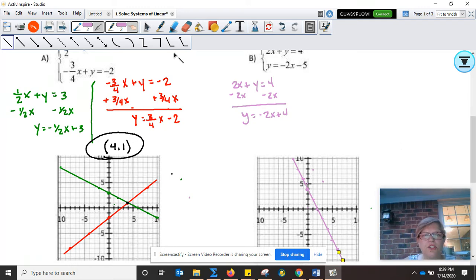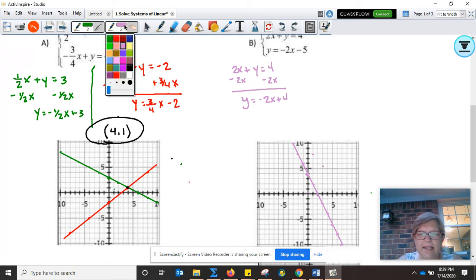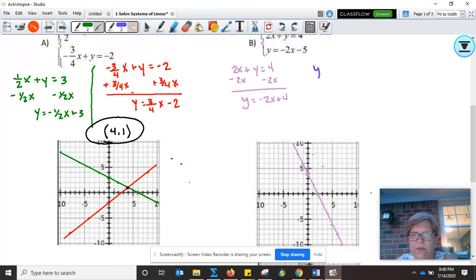Okay, so now for my second equation. And let's make it pretty blue. I have y equals negative 2x minus 5. Well, that's already in slope-intercept form. Okay, so I'm going to go down 5, and my slope is negative 2. Remember that negative 2 is over 1, so I'm going to go down 2, right 1.